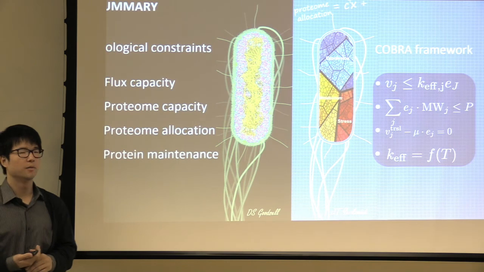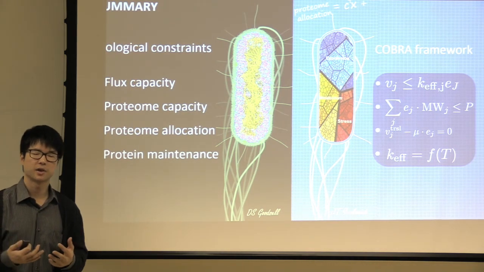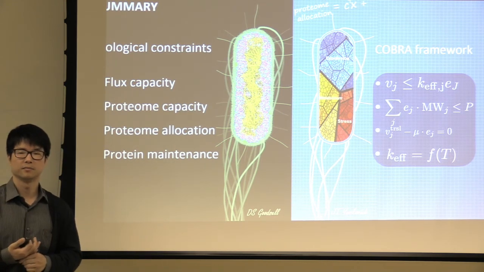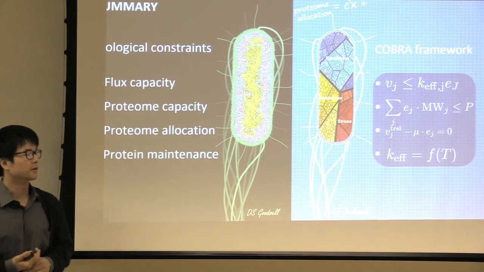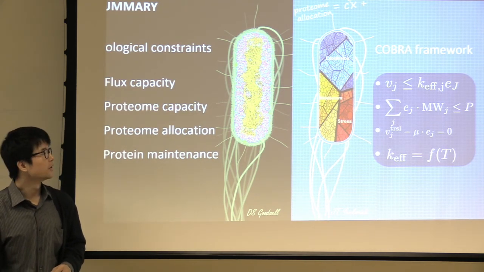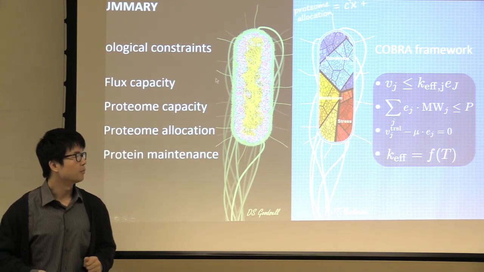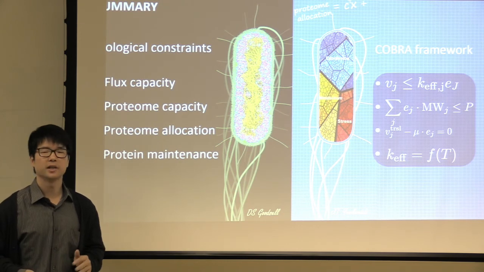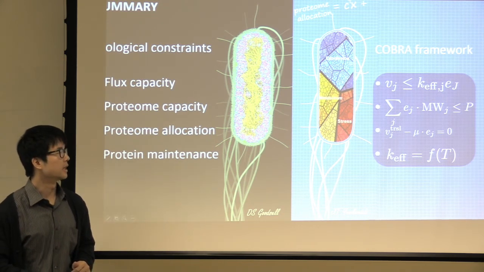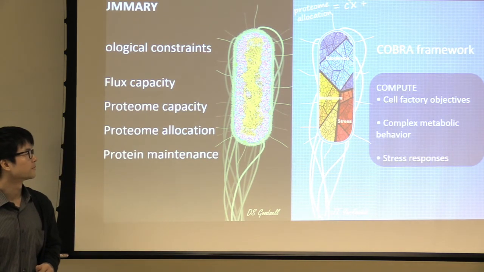And then we looked at how proteins can be maintained and how we can reconstruct expression networks and maintenance networks to simulate the cell behavior with those systems in place. And we've also discussed how, once we've identified each of these biophysical constraints, we can express them as mathematical constraints within the COBRA framework.